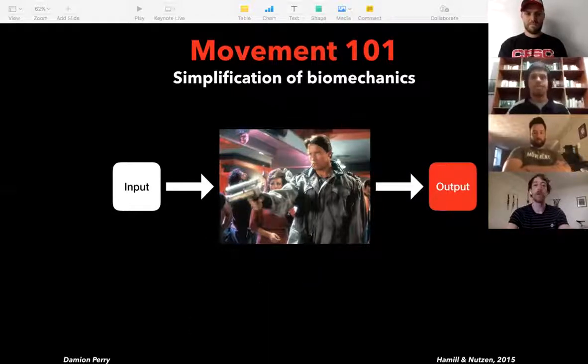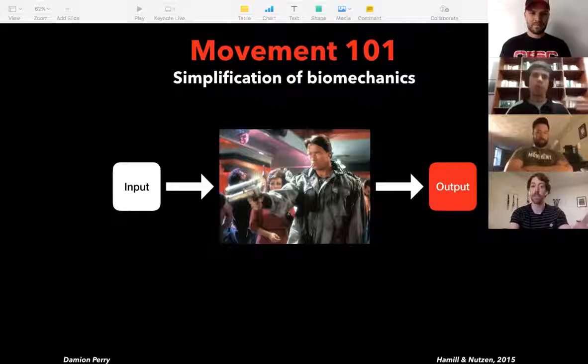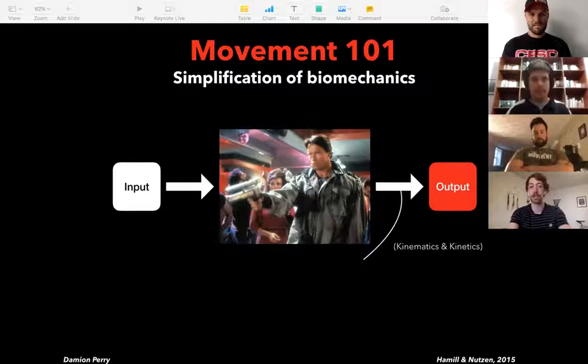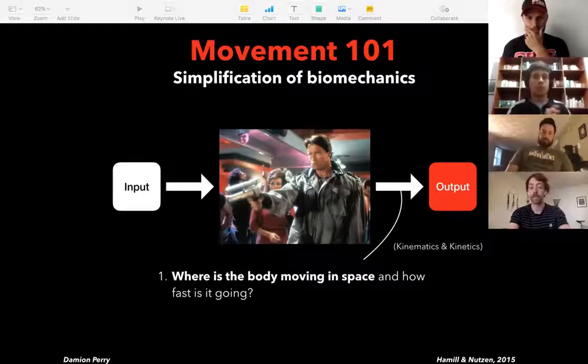Moving along. Same model, but now we're going to look at it through the lens of biomechanics. So there was some input, it went through Arnold, we have our gun shooting selection of movement. Now we have kinematics and kinetics. Just to simplify these definitions: where is the body moving in space, and how fast is it going? For today's purposes, we're not going to talk about how fast things are moving.